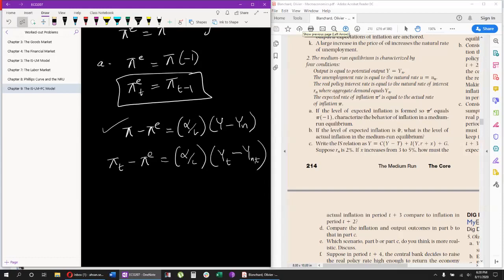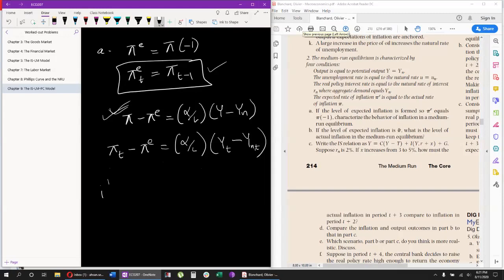So if we form our expectation of inflation based on previous year's inflation, what we get is this equation right here, which means that if output in the economy is more than the natural rate, we can do one more step of simplification.